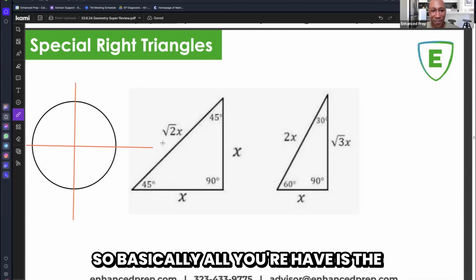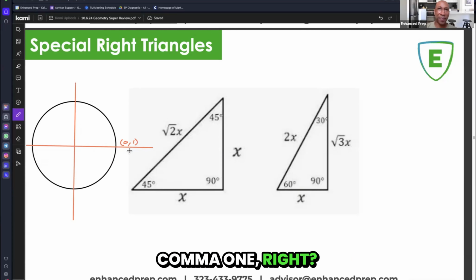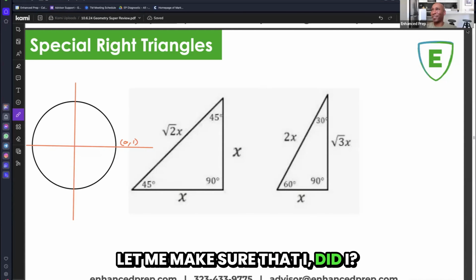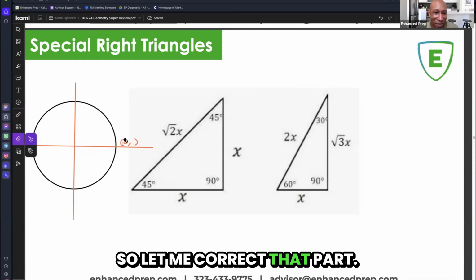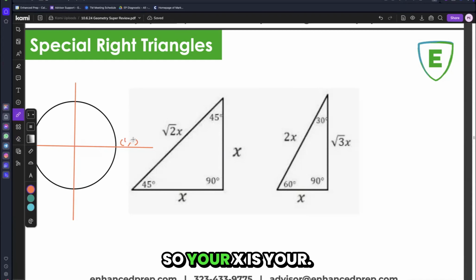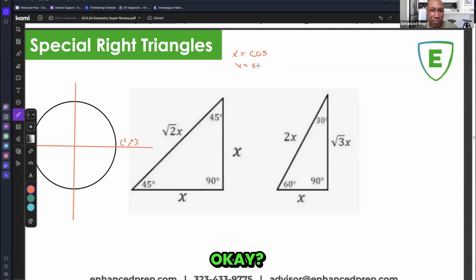So basically all you're going to have is the point here. The first one is going to be 0, 1, right? Let me make sure. Yeah, oh no, I flipped it around. Yeah, there we go. I was like, wait, that should be 1, 0. Okay, there we go. So let me correct that part. So this should be 1 and 0. So your X is your cosine and your Y is your sine.